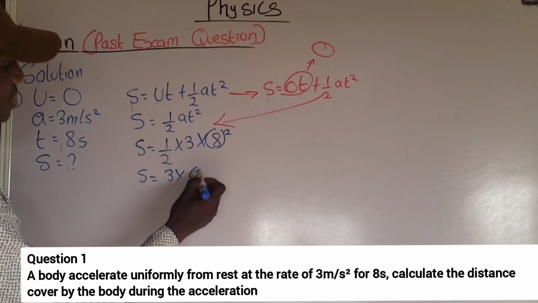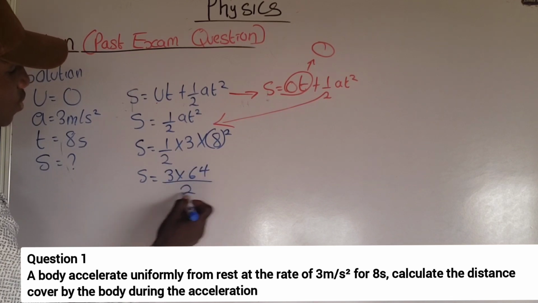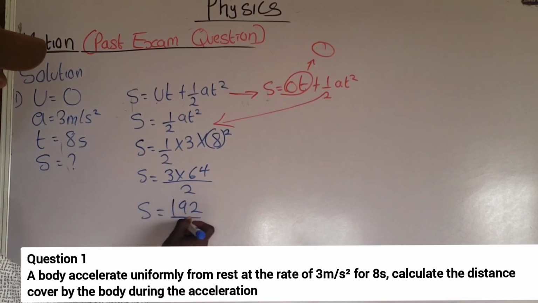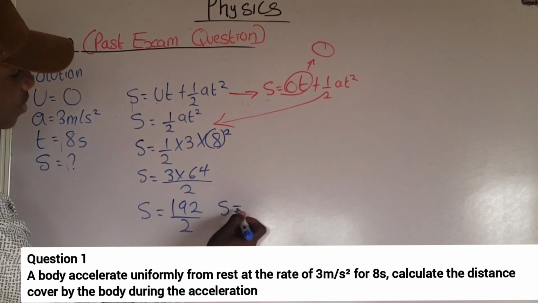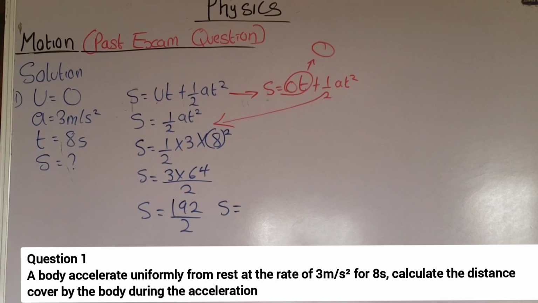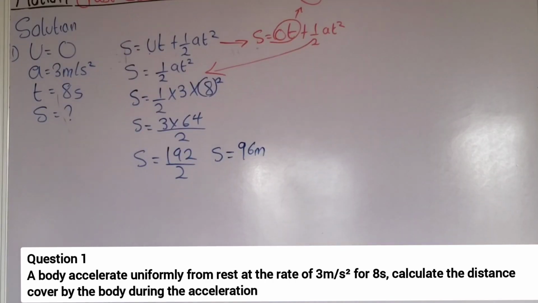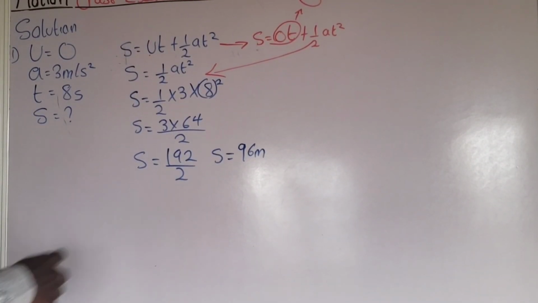So 3 multiplied by 64 all over 2. 64 multiplied by 3 is 192, divided by 2. Hence s equals 96 meters. So the answer to that question is 96 meters.